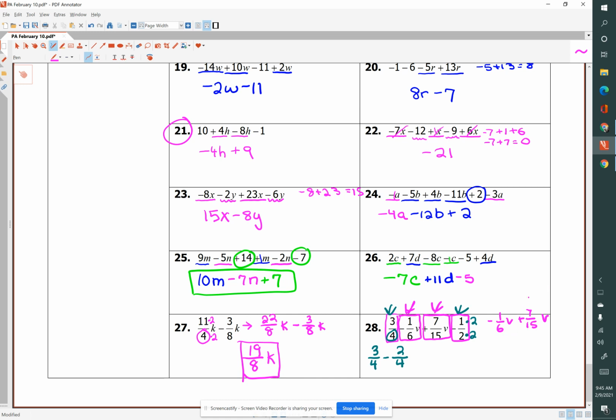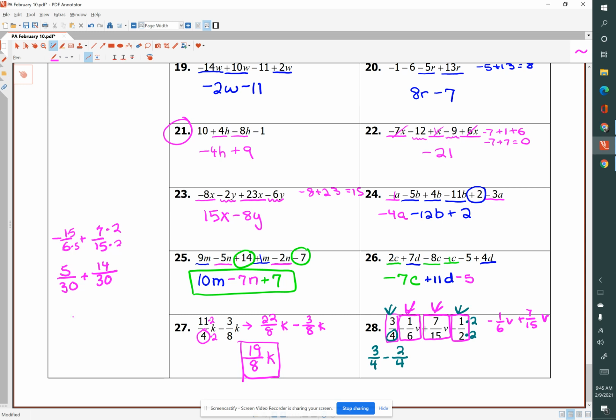So let's multiply both of these by 2. I'm going to do it over here on the left side of the page. Let's just look at those fractions. Negative 1/6 plus 7/15. We've decided our common denominator will be 30. So 15 times 2 is 30, and 7 times 2 is 14. 6 times 5 is 30, and 1 times 5 is 5.